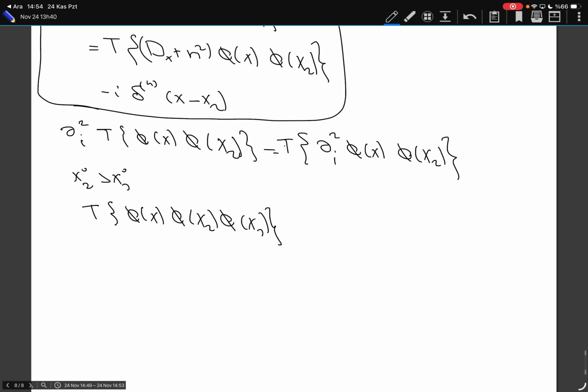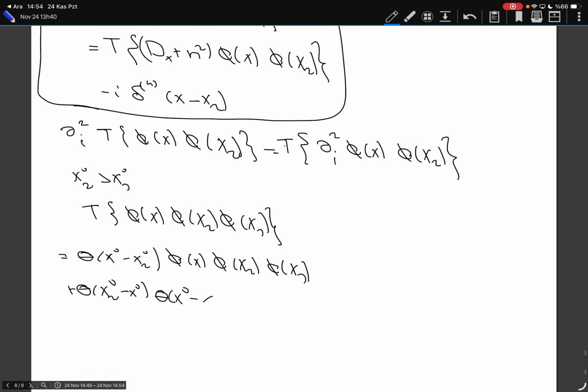But what are the options I have? It can be that x0 is larger than x2 0. Then I have phi of x, phi of x2, phi of x3. Or x2 0 is larger than x0, but at the same time x0 is larger than x3 0. Then it just comes in between.